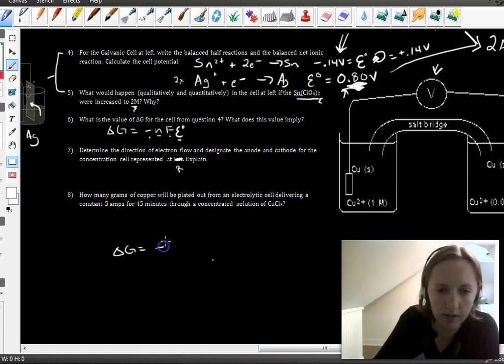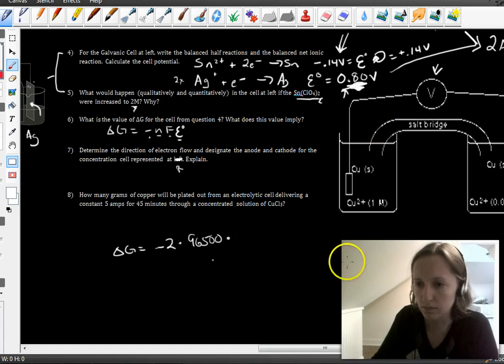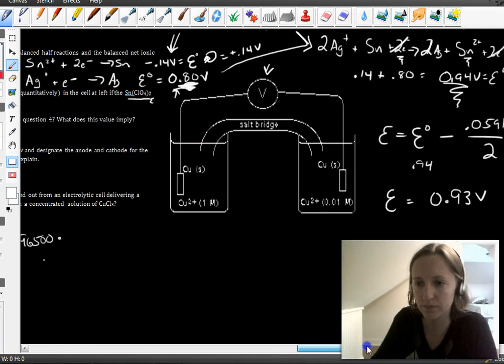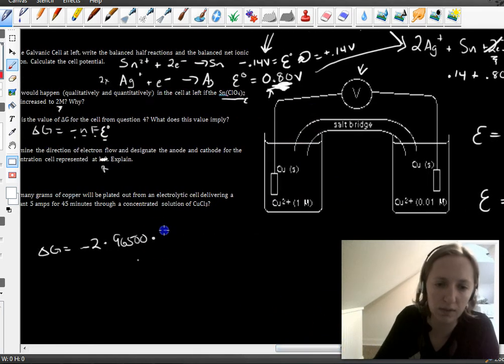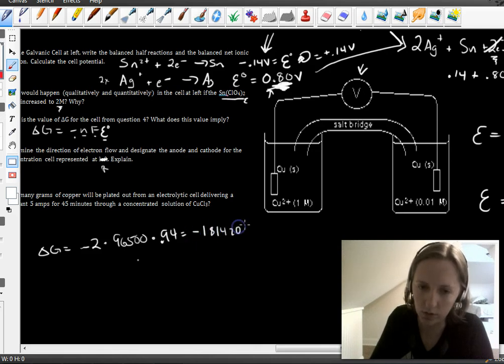So negative 2 times our Faraday constant, which is 96,500, times our voltage, which was 0.94, and that gives us a delta G of negative 181,420 joules, or negative 181 kilojoules.